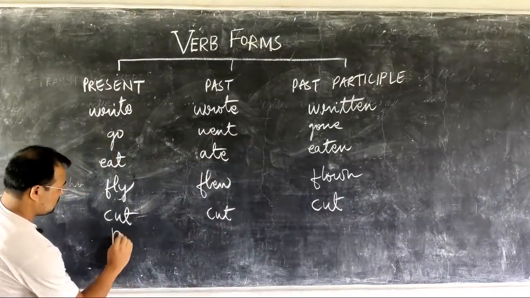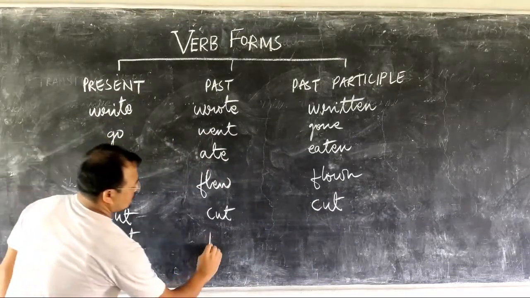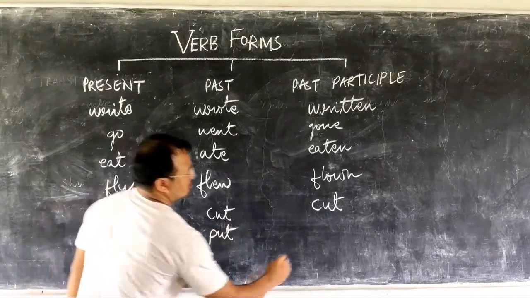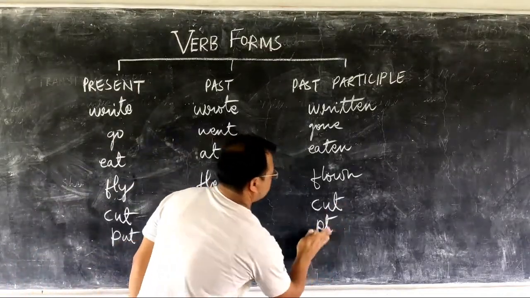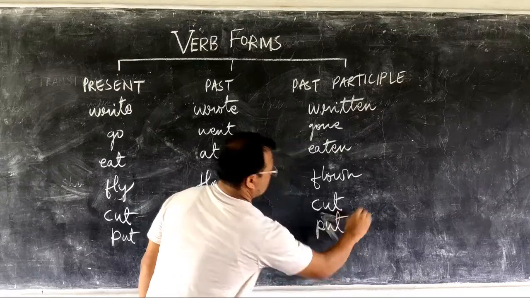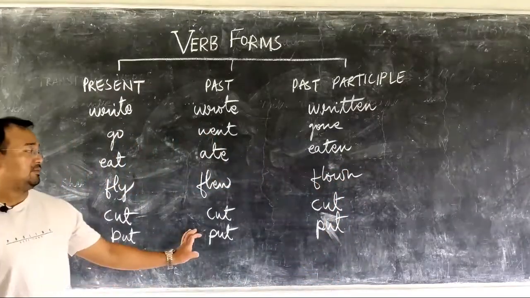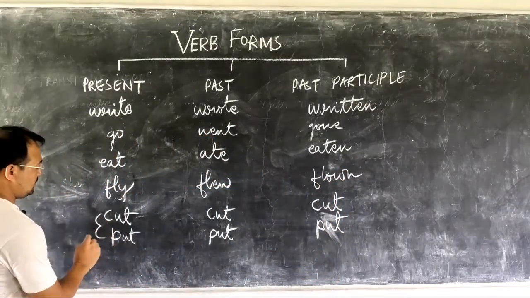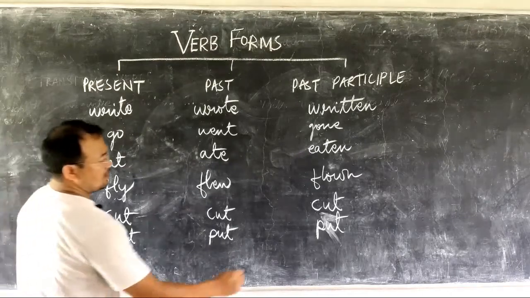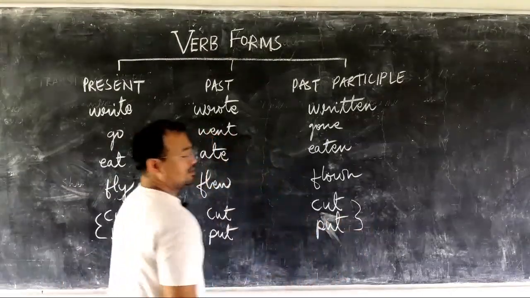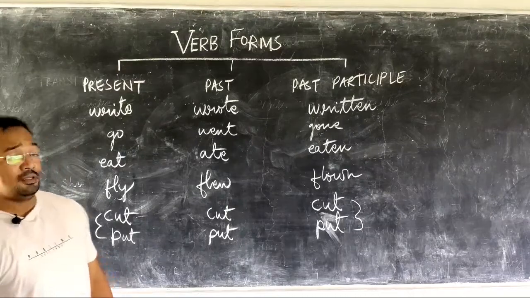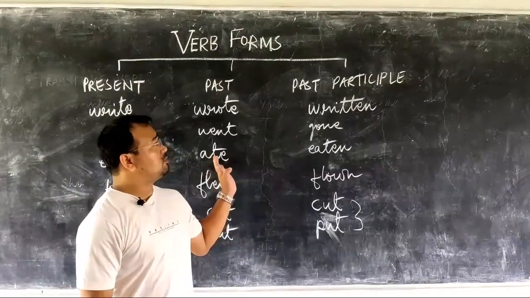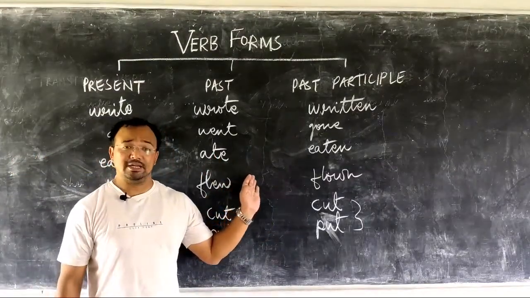Another word, put, remains the same. These are referred to as irregular verbs. In this way you will use such verb forms in sentences.